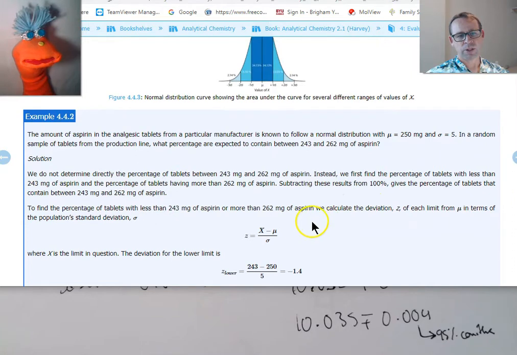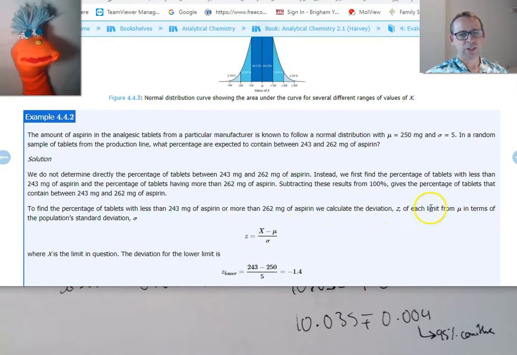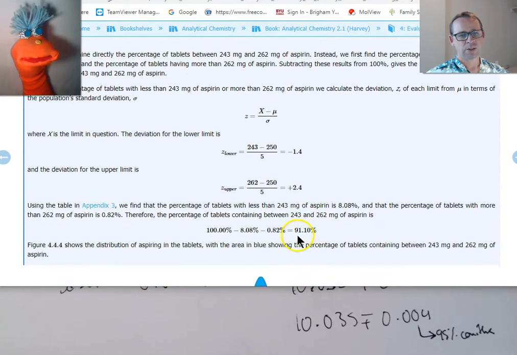Well, what you can do is calculate what we call the deviation, Z, not the standard deviation, but just the deviation of each limit from the average, by taking the 243 to start off with, minus the 250, the average, divided by 5. That's our lower, and then we can do our upper: 262 minus 250 divided by 5.